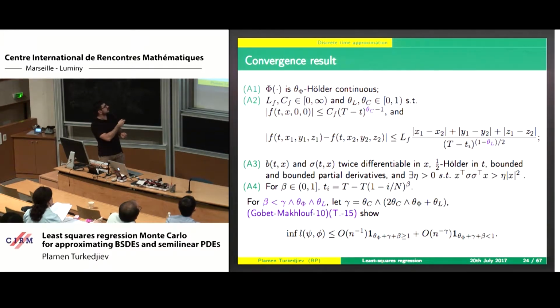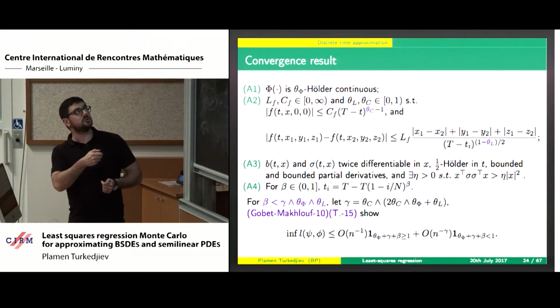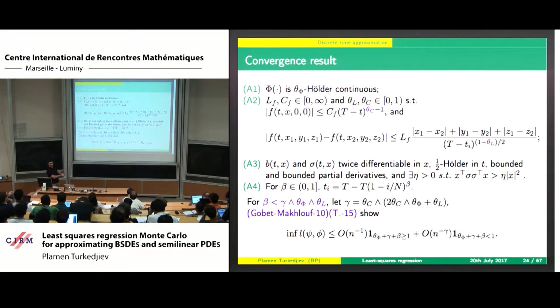We insist that the terminal function is Holder continuous, and we insist that the function f is bounded when y and z are 0, with a bound that can explode, but not too quickly, as we approach the terminal time T. And we also want it to be Lipschitz continuous, with a Lipschitz constant that depends on time, which can explode again as we approach the maturity.